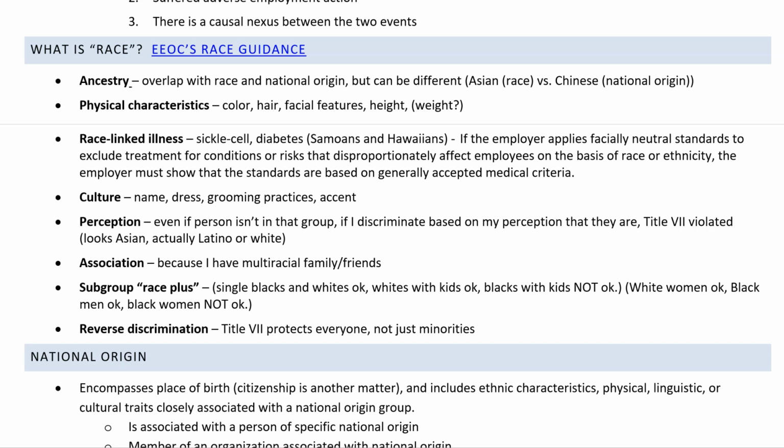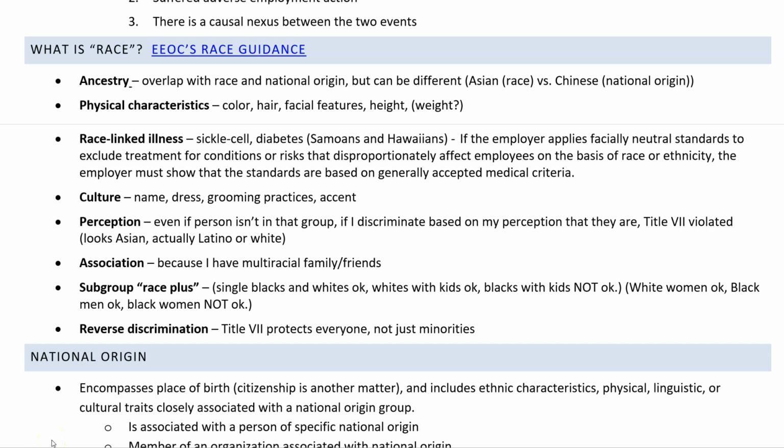If the employer applies facially neutral standards to exclude treatment for conditions or risks that disproportionately affect employees on the basis of race or ethnicity, the employer must show that the standards are based on generally accepted medical criteria. So it doesn't mean that you can't have some type of policy in place regarding some of these health conditions, but you can't just base them off of trying to discriminate against certain protected classes.